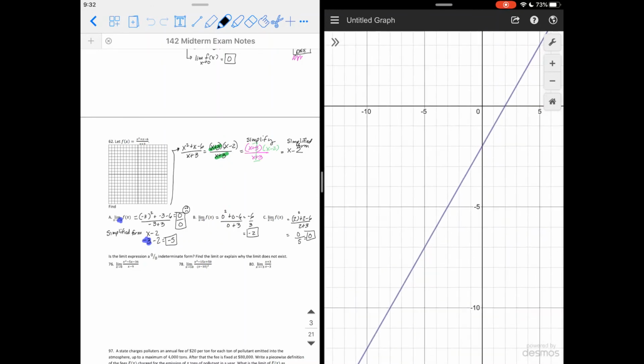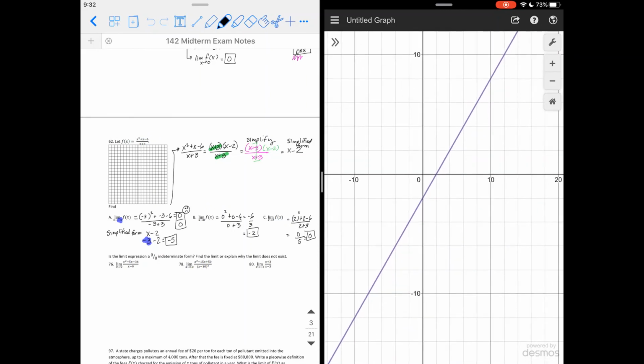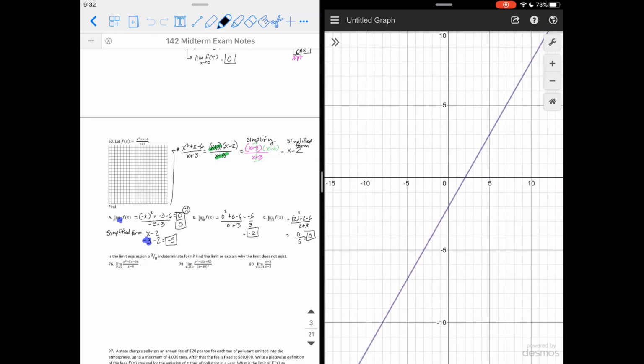And if we notice, we have a line. It looks like a line. But we said that we have a problem at negative 3. But it doesn't look like we have a vertical asymptote. So if we don't have a vertical asymptote, then that means that at negative 3, we have an open circle. And there it is.